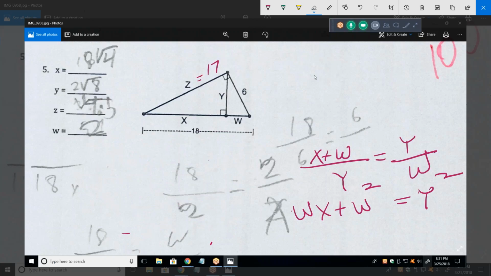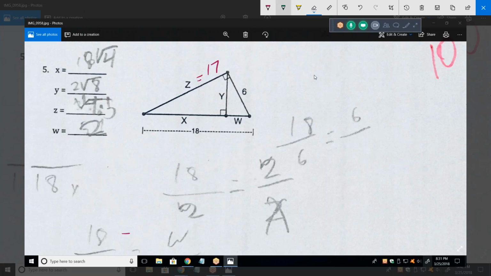Yeah, just about. Round it off. So that's equal to 16. Now what's w equal to? 2. Now we've solved for x, w, and z. y is a piece of cake. What's y equal to?